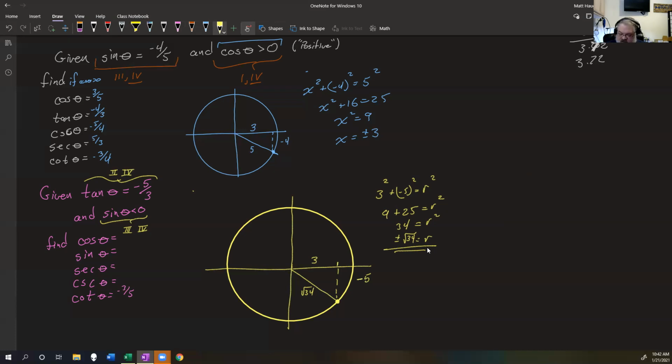But once we have those values, we can fill out all of these. What's the cosine going to be? Three square root of 34 over 34 after you rationalize it. Sine's going to be the negative 5 square root of 34 over 34 once it's rationalized.